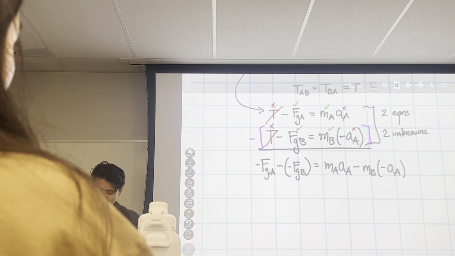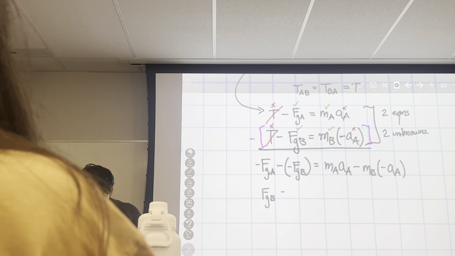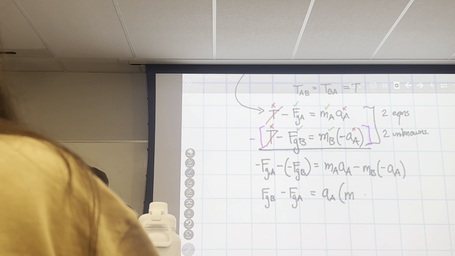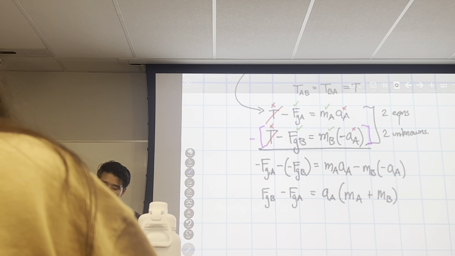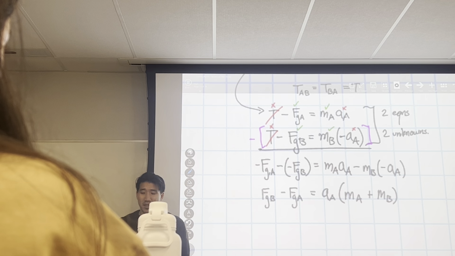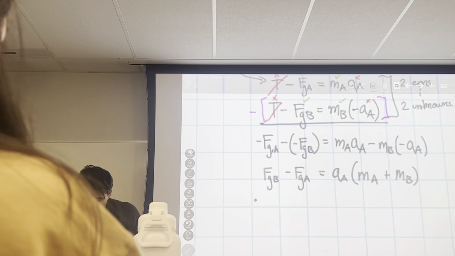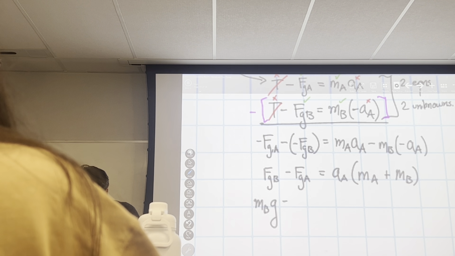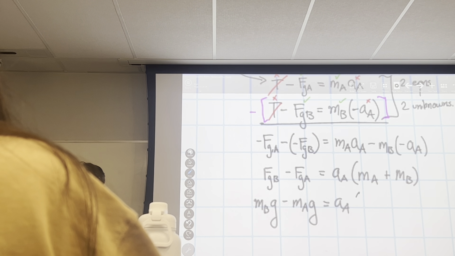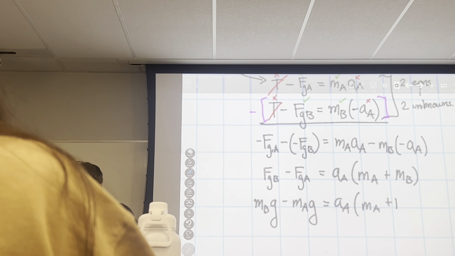And now it's just a matter of simplifying. We get FGB minus FGA is equal to the acceleration of A times mass of A plus mass of B. Whereas the forces of gravity are simply mg. So this would be mass of B times G minus mass of A times G is equal to acceleration of A times (mA plus mB).